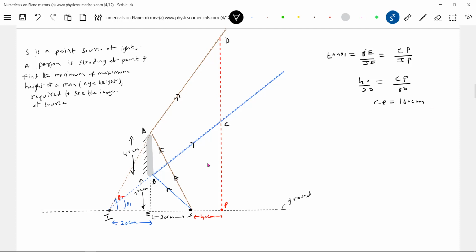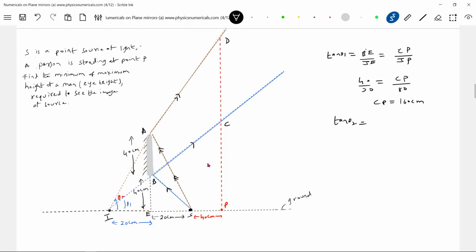Again, I'll go for the triangle. Tan theta 2. I'm asking you to look at this triangle. May not be the exact shape, okay, but there's a triangle. So look at this triangle.